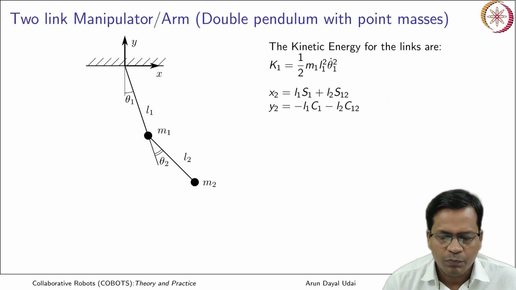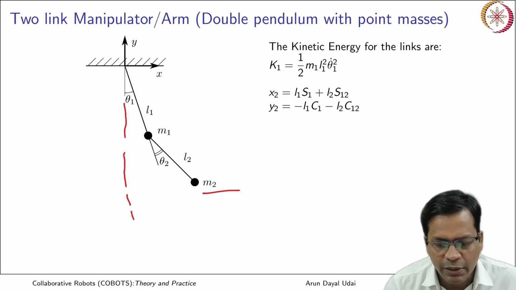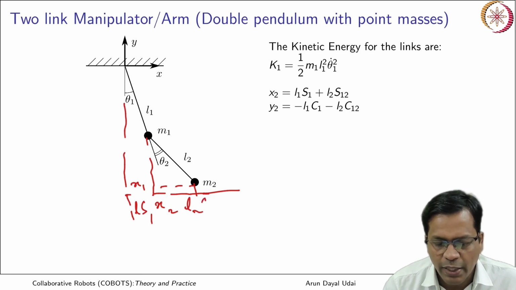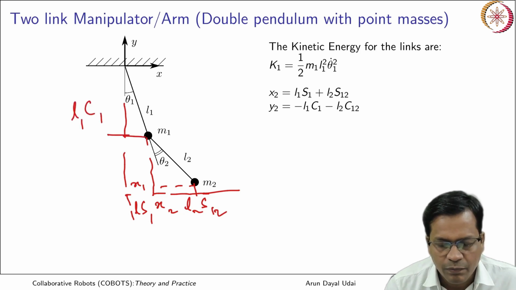Now moving to the kinetic energy for the bob 2, this is for m2. Again I have obtained x2 and y2 first as we did earlier. So x2 is equal to this plus this. It is equal to L1 sin theta 1 plus L2 sin (theta 1 plus theta 2), and similarly you can obtain L1 cos theta 1 and L2 cos (theta 1 plus theta 2).